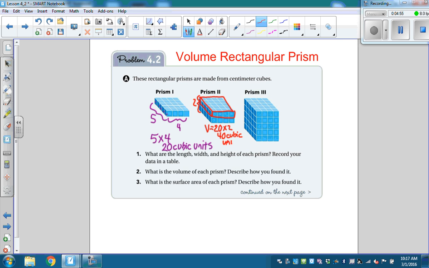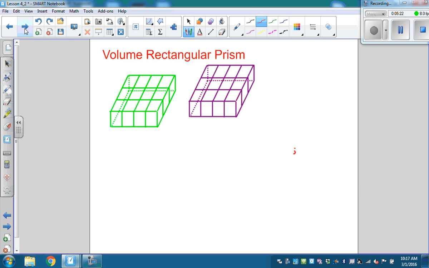Prism 3, you probably have already guessed, has 5 levels. So the volume is 20 times 5, or 100 cubic units. On the next page, we have see-through prisms.